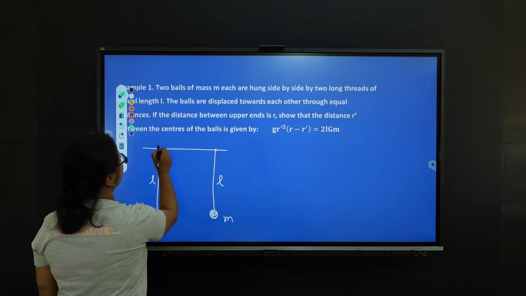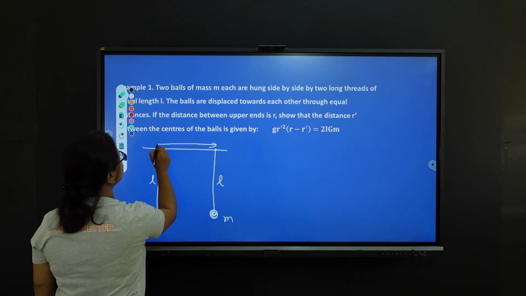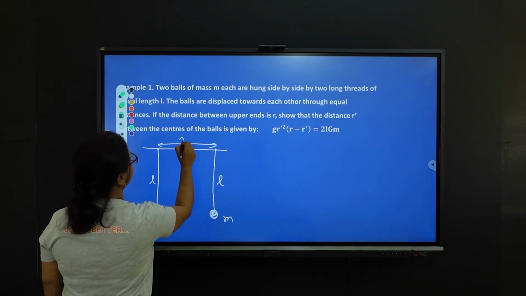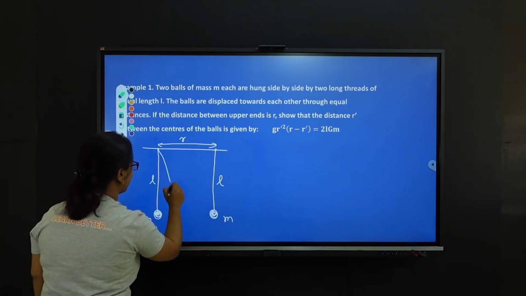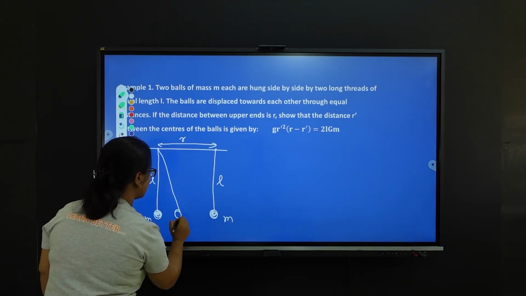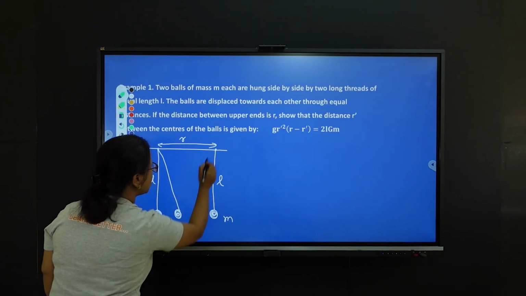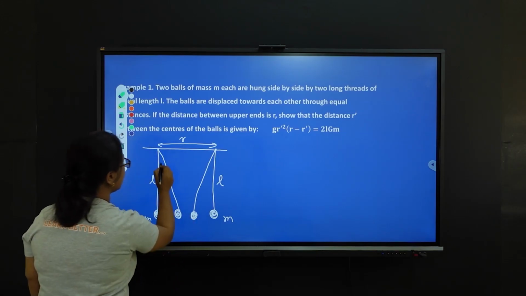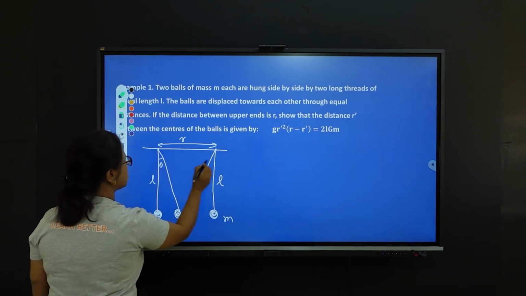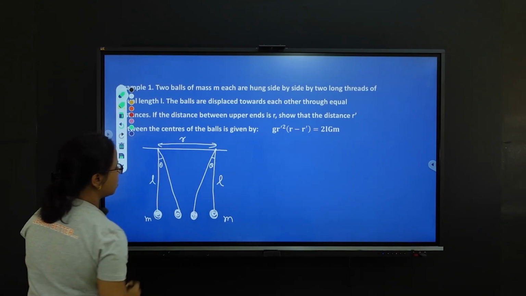Initially, the distance between the upper two ends is given by little r, and they are now displaced through certain angles, say. This is the displacement of the first one. This is the displacement of the second ball, displaced through angles theta.